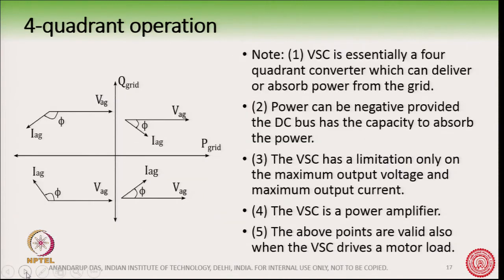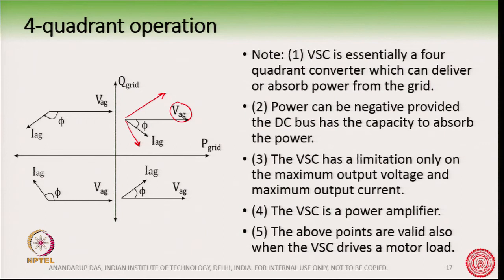So, this is what I wanted to convey here. The VSC is essentially a 4 quadrant converter which can deliver or absorb power from the grid. We can place the output voltage from the converter with respect to VAG, we can place it here, we can place it here, greater in magnitude, lesser in magnitude, like a synchronous machine connected to the infinite bus bar.